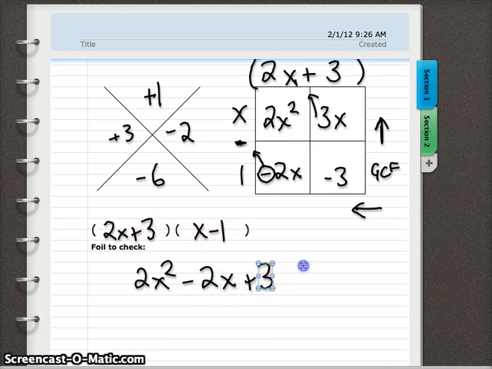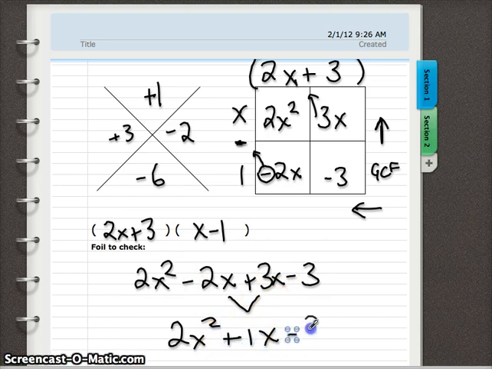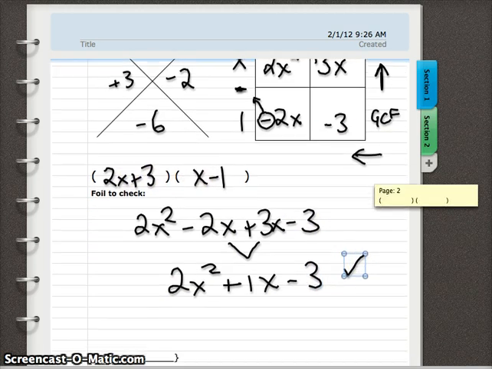And 3 times negative 1 is negative 3. So combine your middle terms. Negative 2x and a positive 3x gives us a positive 1x, or just positive x. We still have negative 3. Well, yeah, that's what we started with. So we know we factored it correctly. These are the correct factored parentheses.